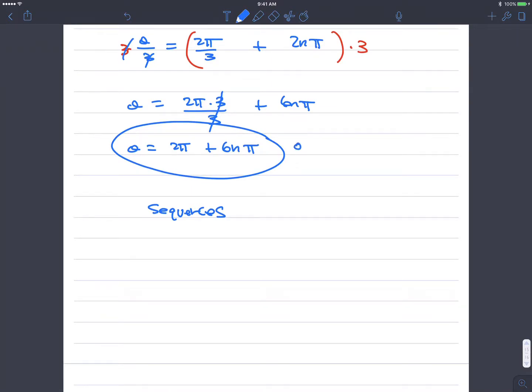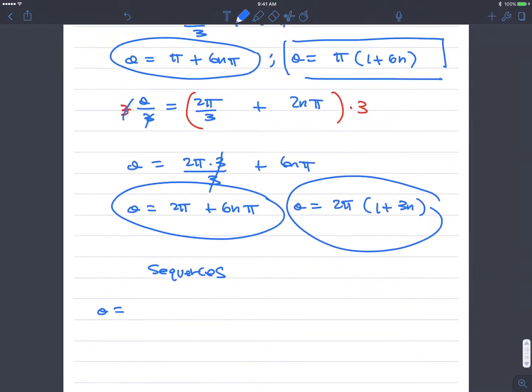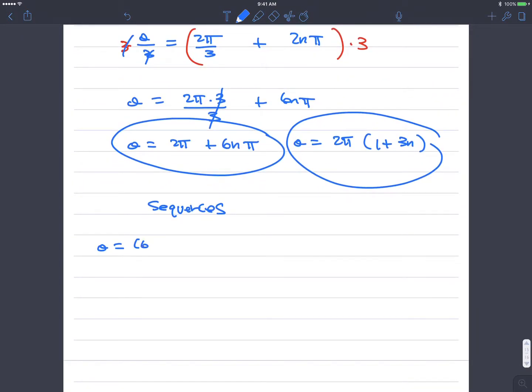What about this one? 2 pi times 1 plus what? 3n. So for my sequences, the first one gives me the equation 6n plus 1 times pi, and the second one is simply going to be 3n plus 1 times what? Times 2 pi.